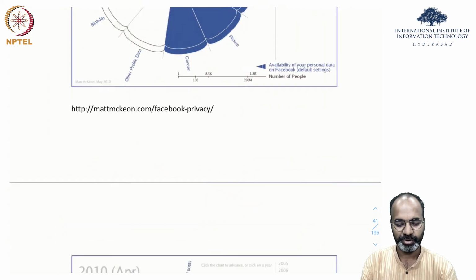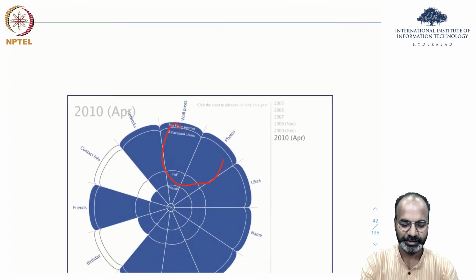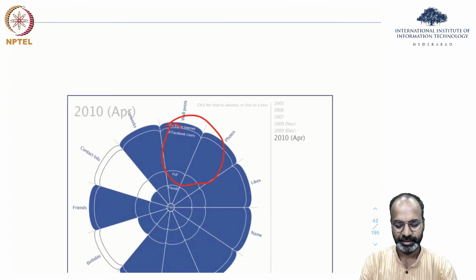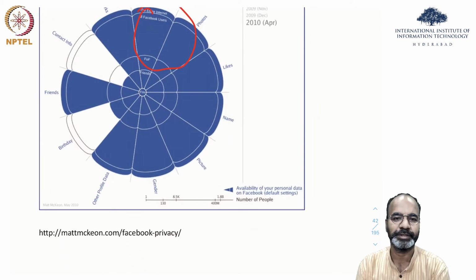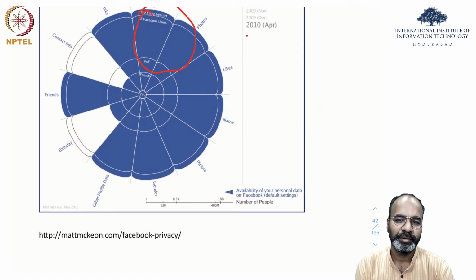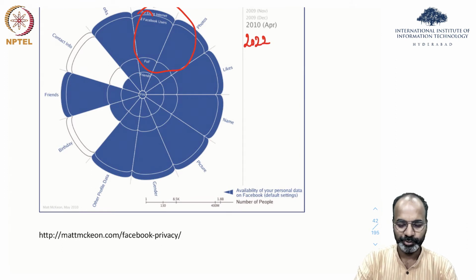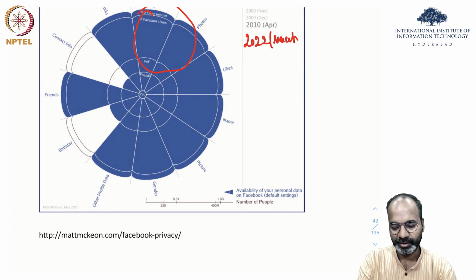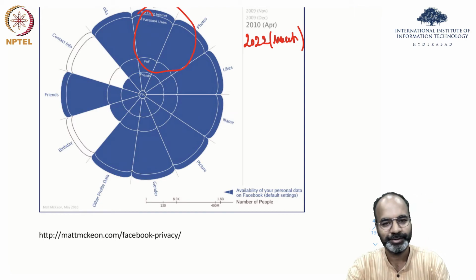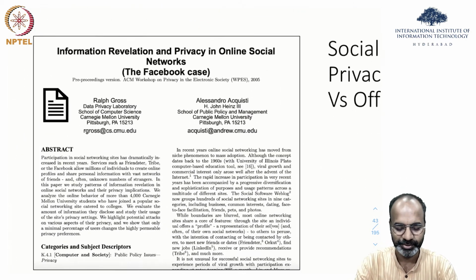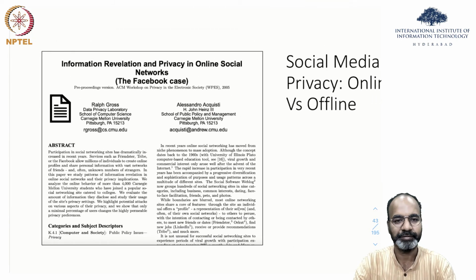This itself shows a lot of difference. For example, more and more people are getting access to that information. Of course, if you do this for, let's say, March 2022, I'm sure it is going to be very different, with less information publicly available or available to others, thanks to events like Cambridge Analytica.